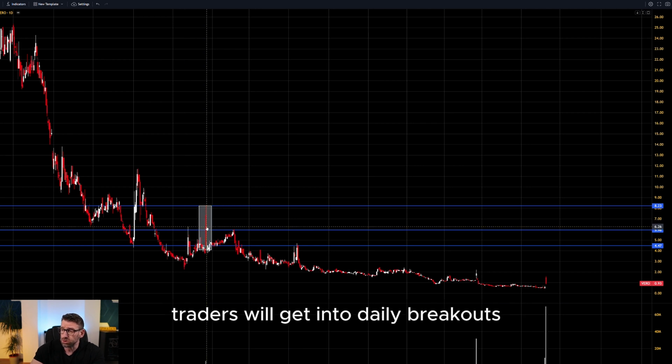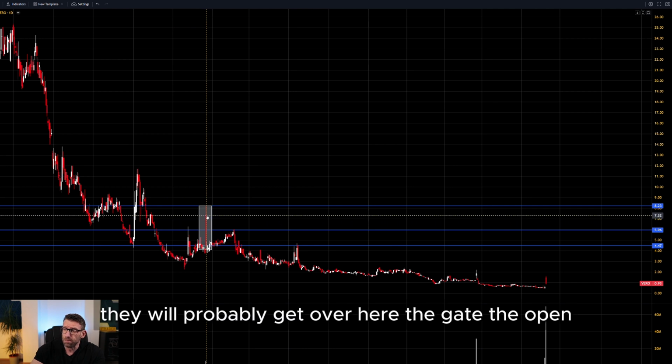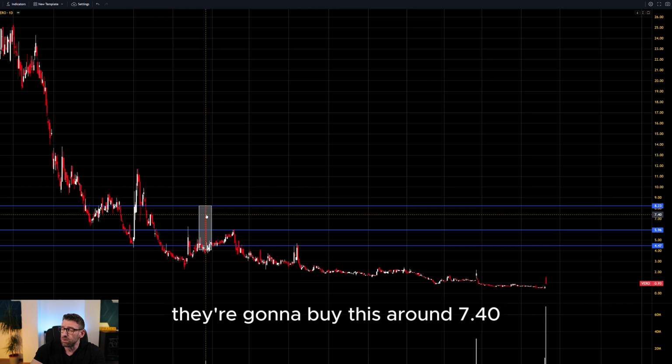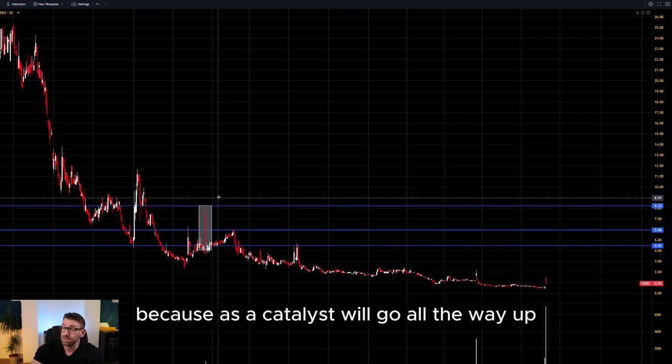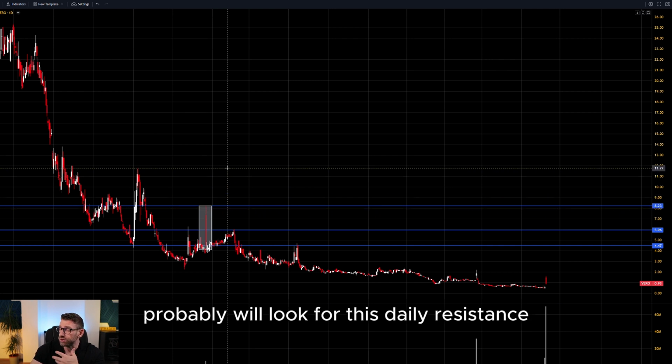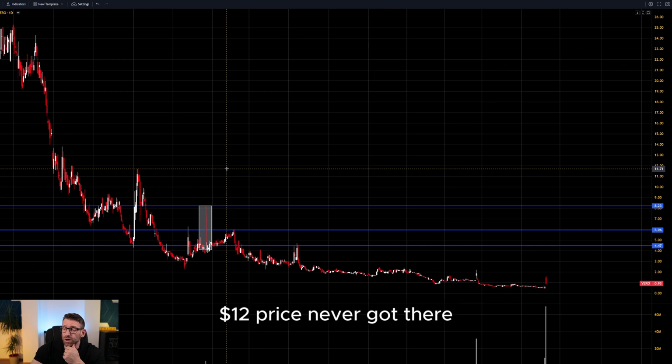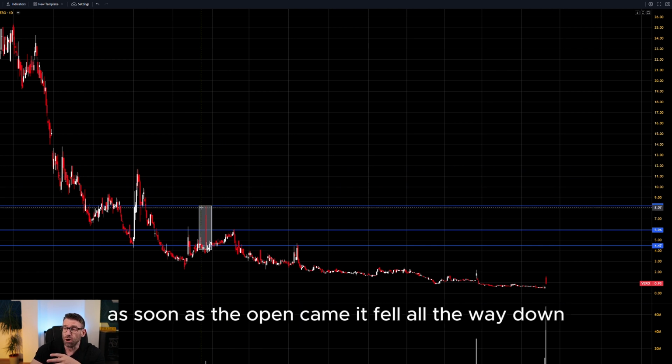Traders will get into daily breakouts. They will probably get in over here at the open. They're going to buy this around 7.40, 7.50. So they will start to think the stock, because it has a catalyst, will go all the way up. Probably will look for this daily resistance, $12. Price never got there. As soon as the open came, it fell all the way down.